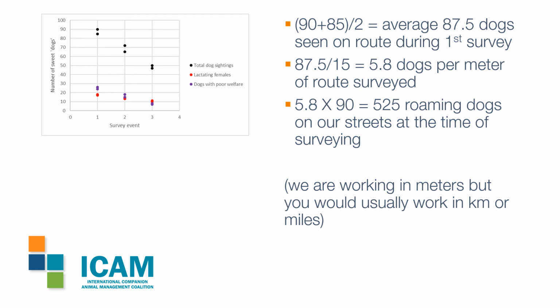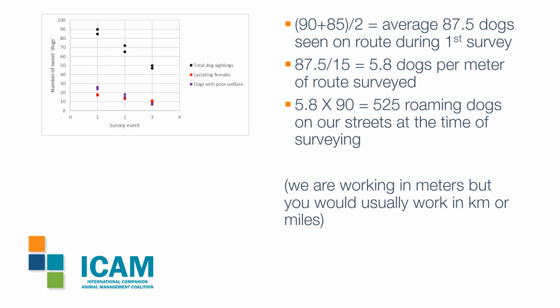Now our route on this particular map, our little example of Kathmandu, was 15 metres long. So we're going to divide that 87.5 by 15, and we get 5.8 dogs per metre of route surveyed. I'm working in metres here because we're talking about the example where we had the big map on the floor. Obviously normally you'd work in kilometres or miles, but for this example we're going to work in metres.